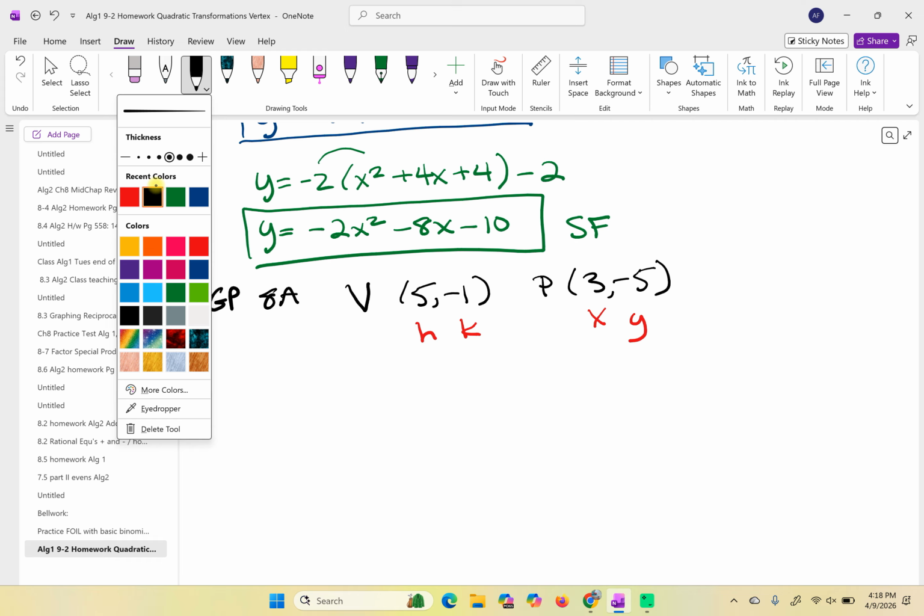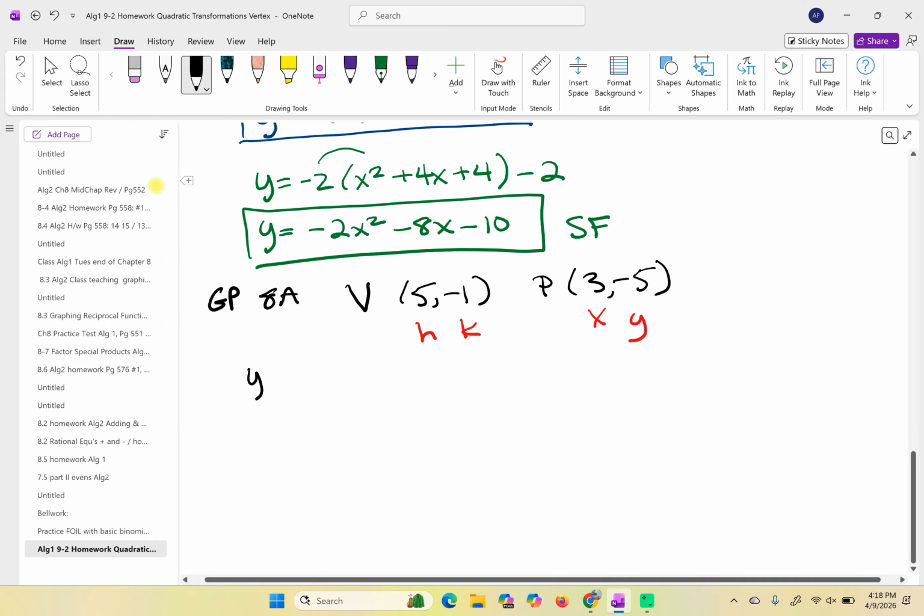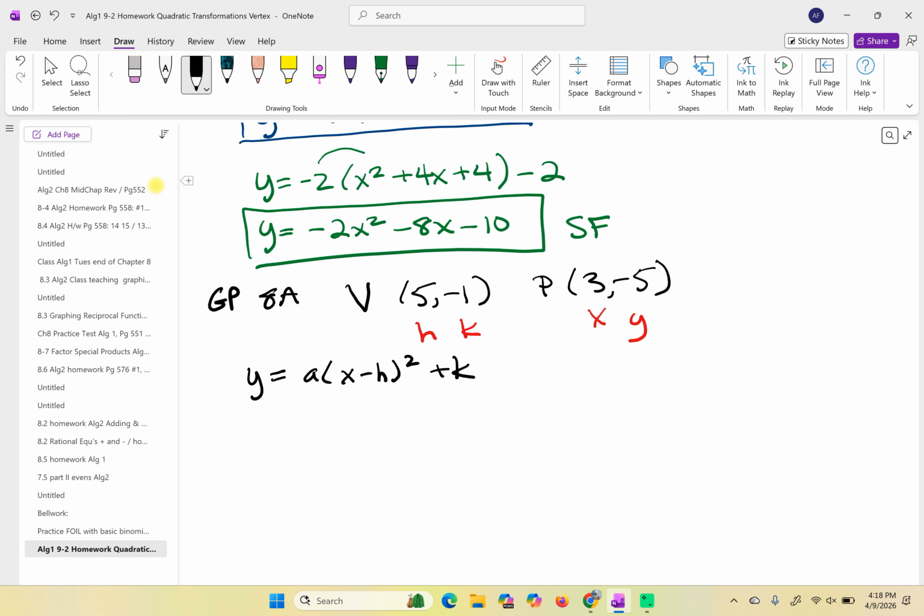We're going to work with the vertex form, which is a(x minus h)squared plus k. Substitute these values. So -5 equals a times (3 minus 5) squared minus 1, where x is 3, h is 5, and k is 1.